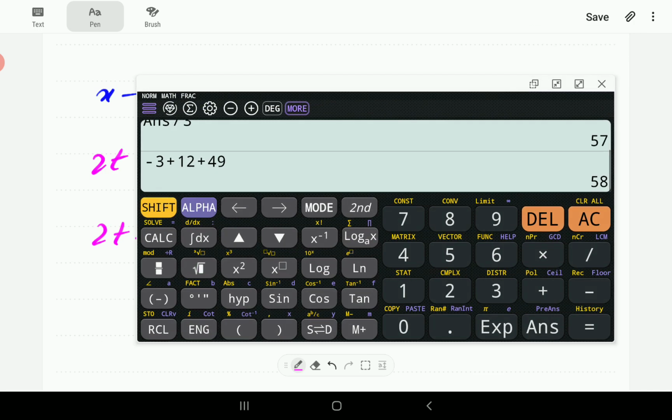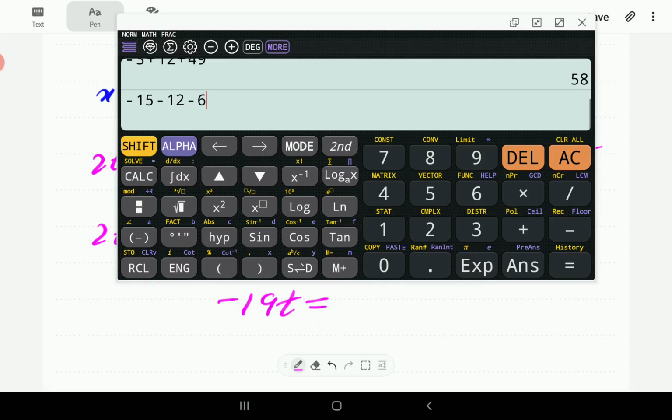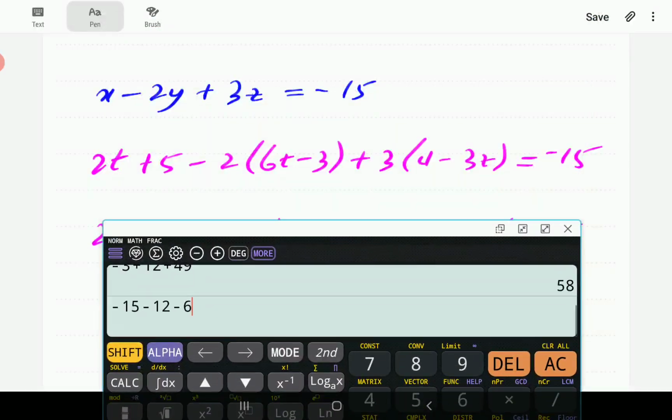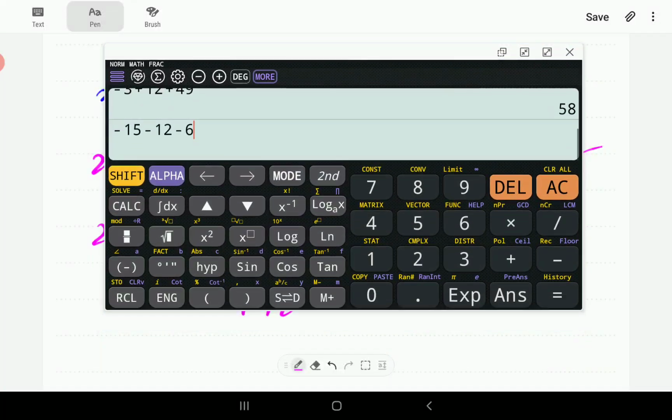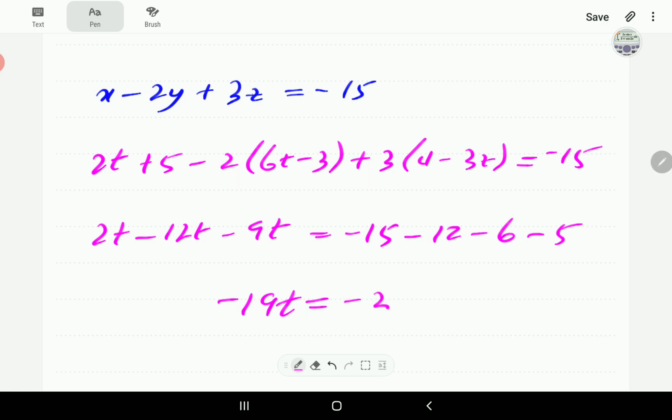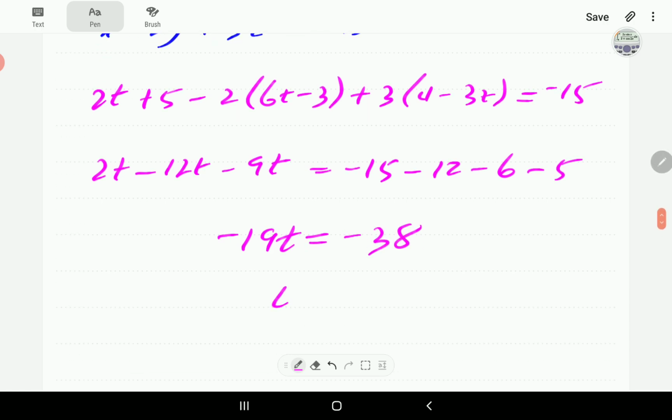So let's see, minus 15 minus 12 minus 6, and minus 5. This is minus 38. So t is equal to 2 at the point of intersection.